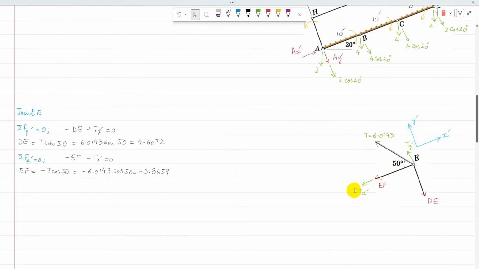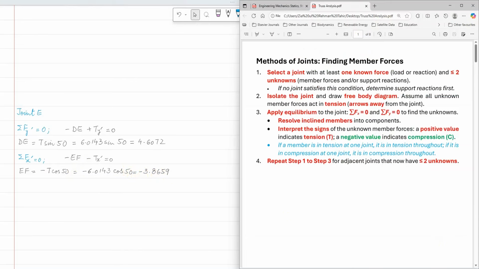So both EF and Tx are towards negative x dash axis. So both are taken as negative. Minus EF minus Tx dash is equal to 0. So EF is minus Tx dash, and then it is minus T cos 50. So by substituting the value of T, EF is minus 3.8659. So now interpretation of the sign.